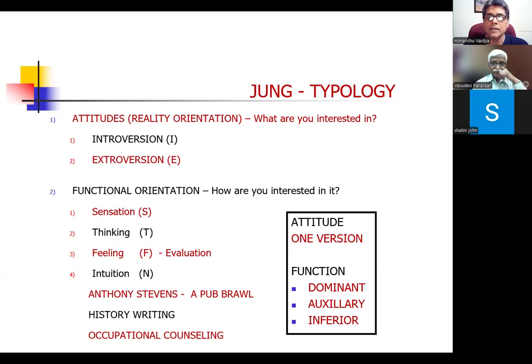And the third part is a typology will give us predispositions, and therefore it can also be used in a predictive way. Certain types are more likely to be predisposed to disorder X, and therefore let us make the person aware and work with him so as to strengthen his resilience.